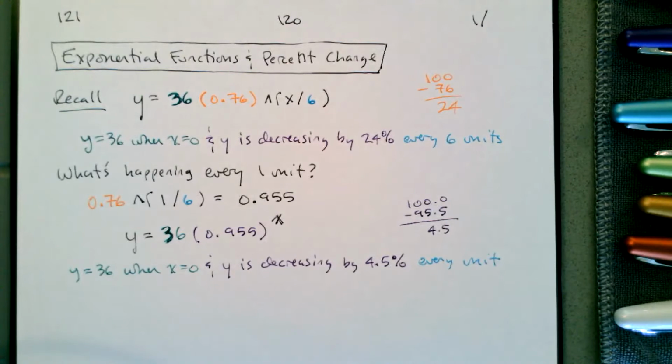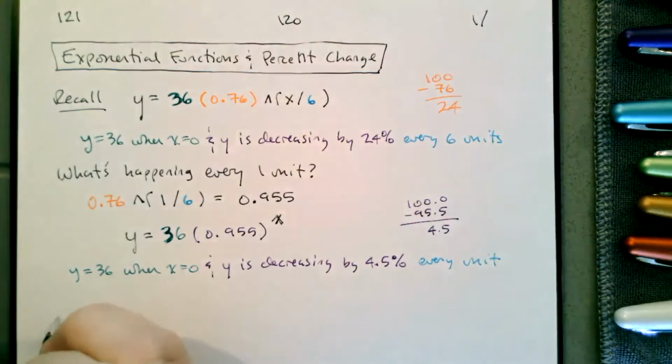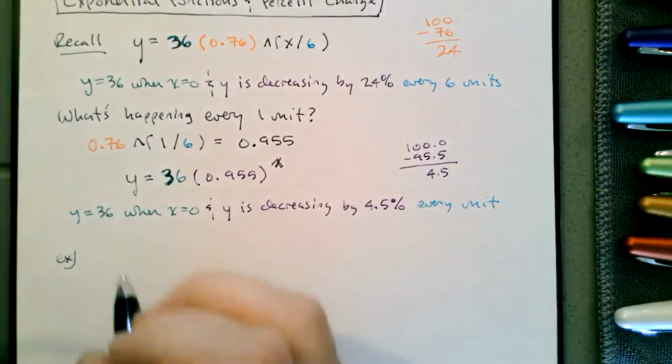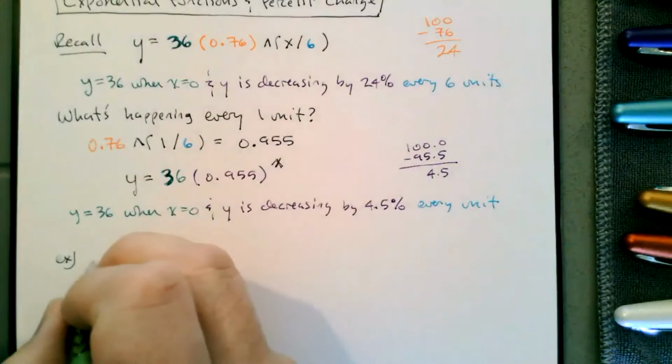The same thing will happen if we have a function that is increasing. Let's suppose that we have a function that is going to double every 10 units. Let's just write it in the way that we normally write things.